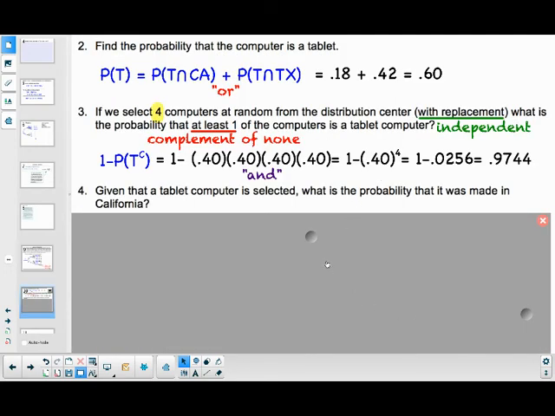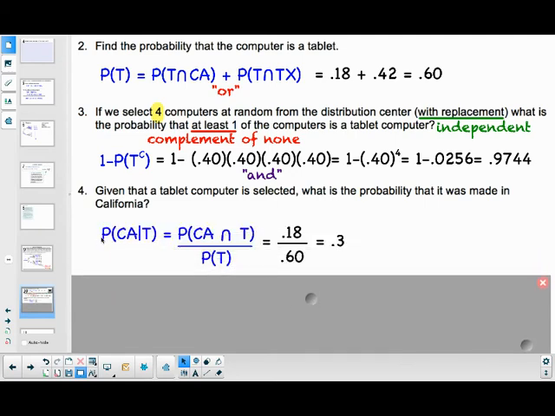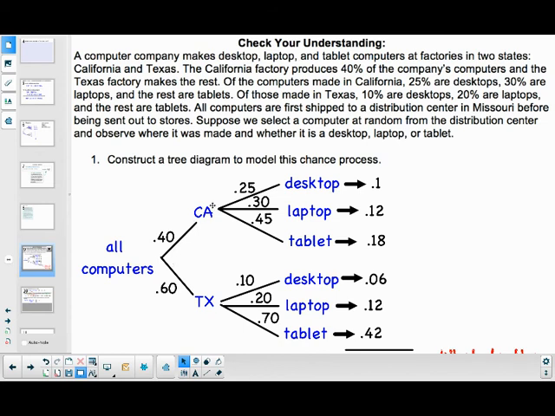For one like this, I like to set up the formula. So that's here, the probability it's from California, given it's a tablet. That's the probability it's from California and a tablet out of all of the probability that it's a tablet. So that 0.6 is the denominator, and the probability it's from California and a tablet is 0.4 times 0.45, that's that 0.18.